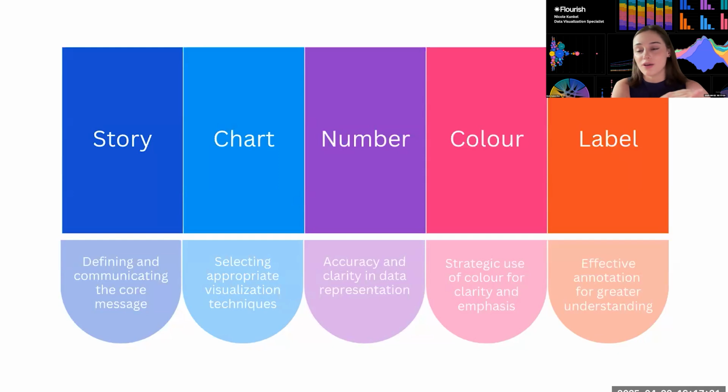Now, all of the needs of every single chart might look a little bit different. So it's kind of subjective how you apply this to every single chart. But using these guidelines as things to think about when it comes to data storytelling helps enhance your message.